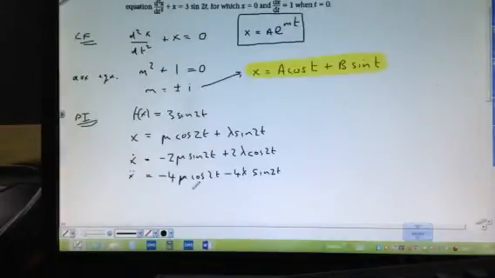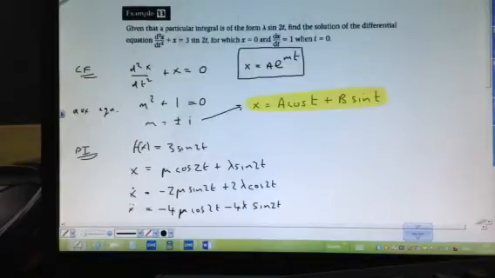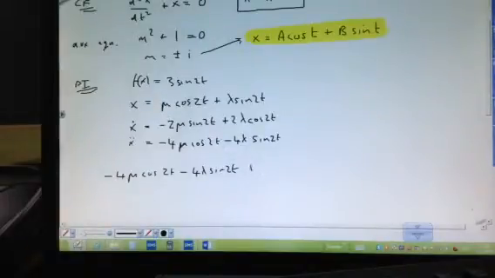So I've got minus 4 mu cos 2t minus 4 lambda sine 2t, plus x, which is mu cos 2t plus lambda sine 2t, and that equals f of x, which is 3 sin 2t.